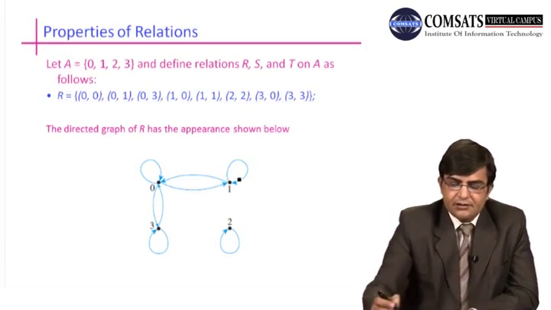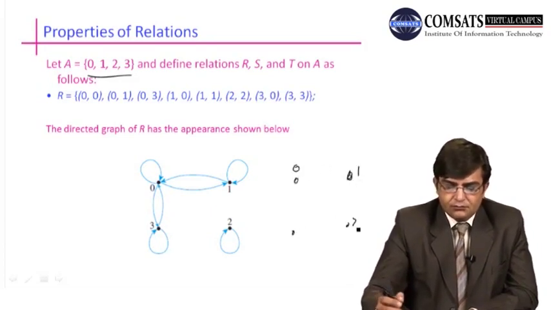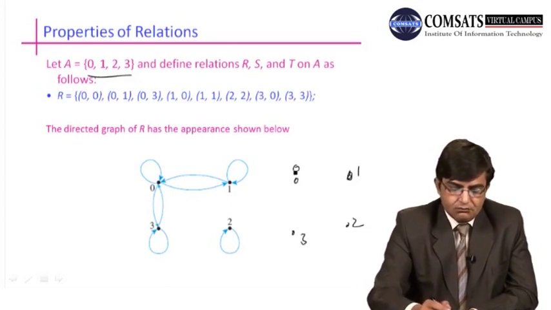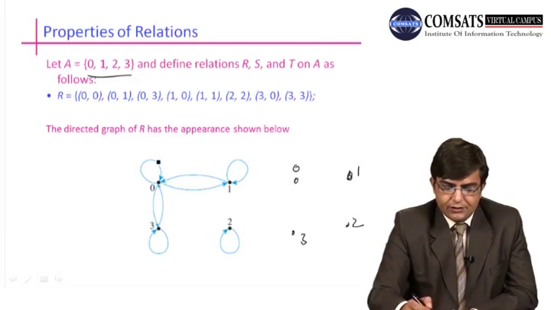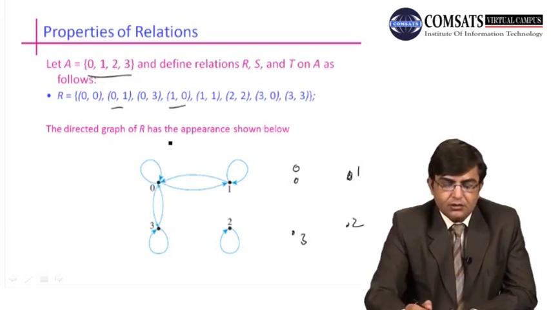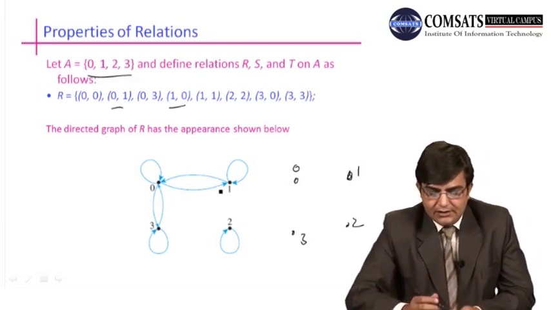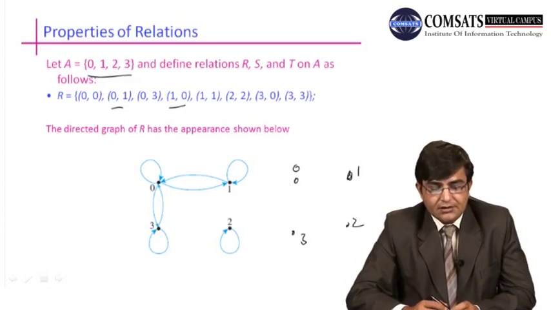There are only 4 elements, so we draw 4 circles and write 0, 1, 2, 3. Now 0 is related to 0, so we draw a loop from 0 to 0. 0 is related to 1 and 1 is related to 0, so we draw the arrows as we do to construct directed graphs.